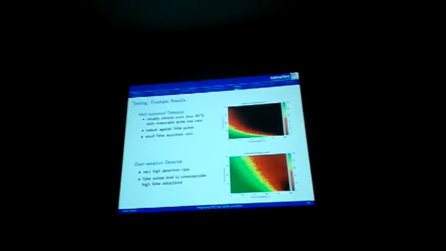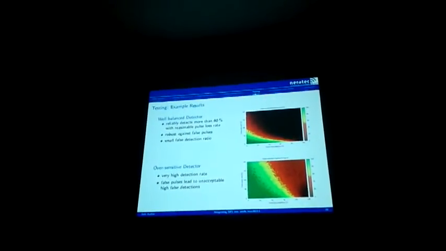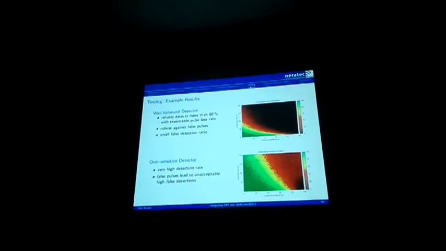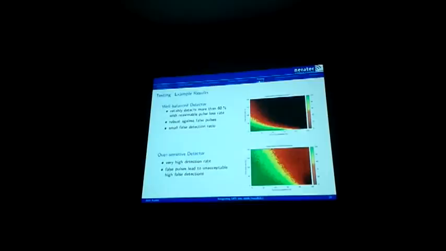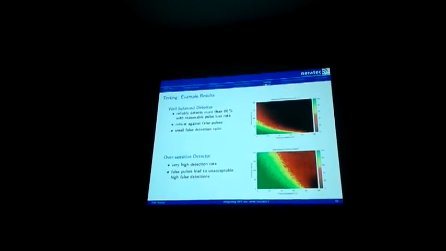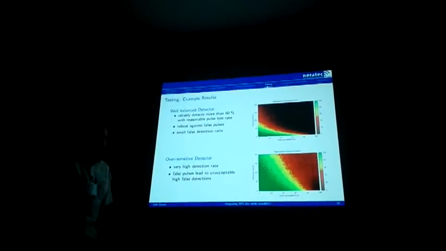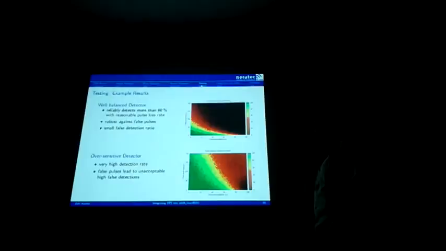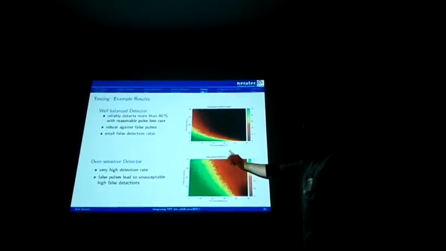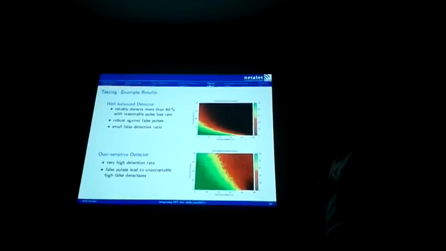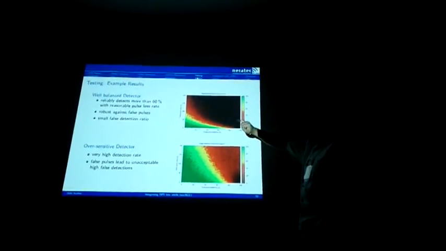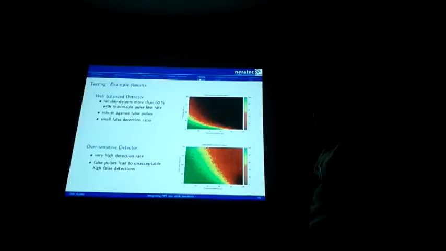This is how the outcome of this analysis looks. We see at the top a well-balanced detector. But first, let me explain what is displayed here. You have your pulse loss probability on the x-axis and the false pulse ratio on the y-axis.